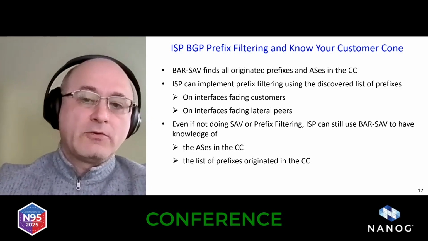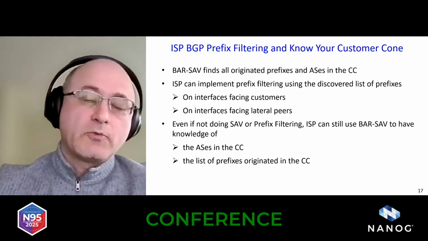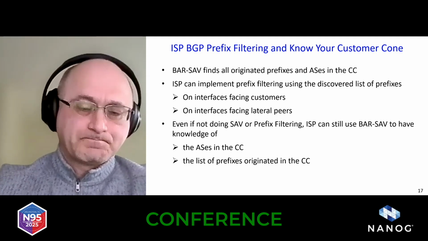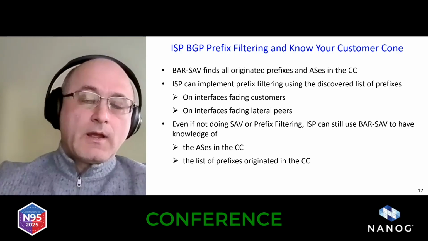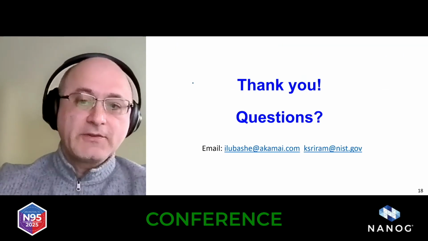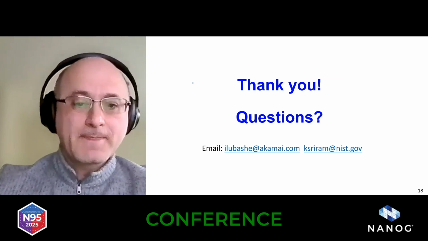So if you know that you've got all the information about allowed prefixes from RPKI, you can use it to filter your BGP. And that's the end of the content I have for today.